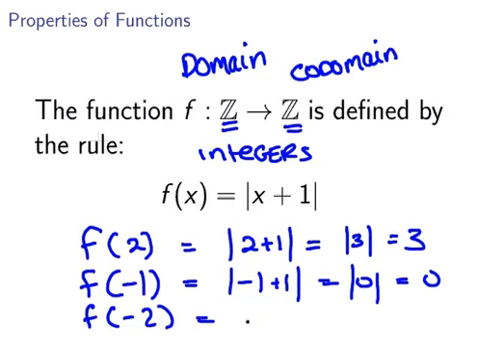We would get the absolute value of minus 1, that is equal to 1. So there's a few evaluations for various values of the domain. We would have 3, 0, and 1 corresponding to 2, minus 1, and minus 2.